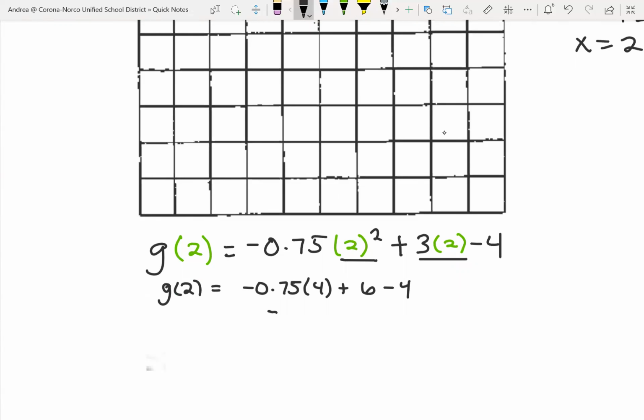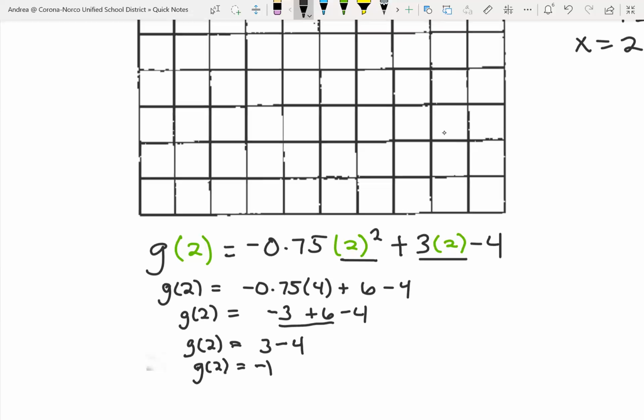So not 1, 3, and it's negative. 0.75 times 4 is 3, and it's a negative, plus 6 minus 4. Negative 3 plus 6 is 3 minus 4. And then g of 2, 3 minus 4 is negative 1. Did I do that right, guys?